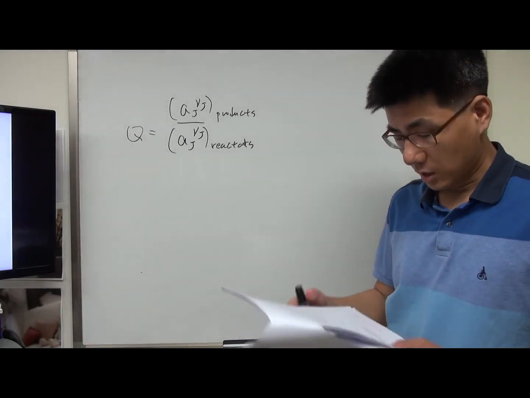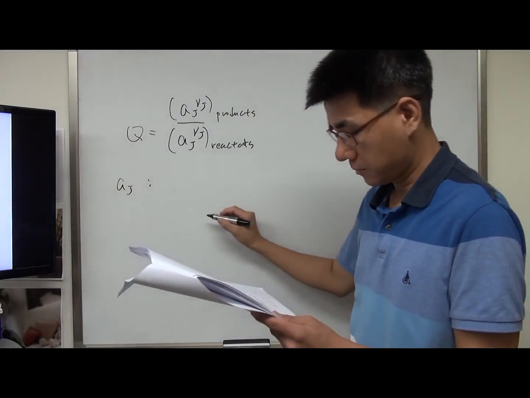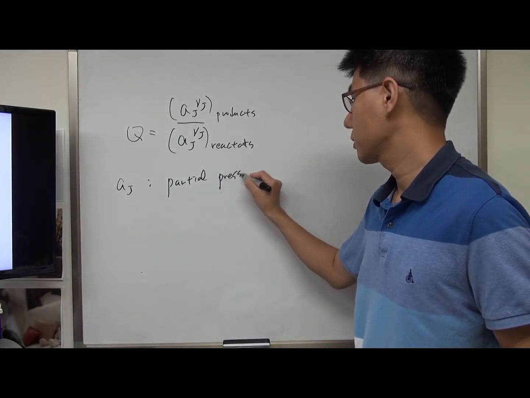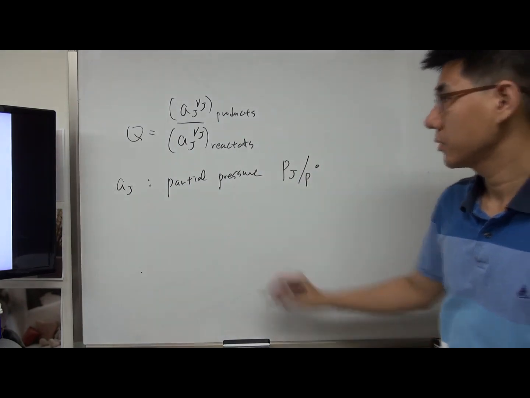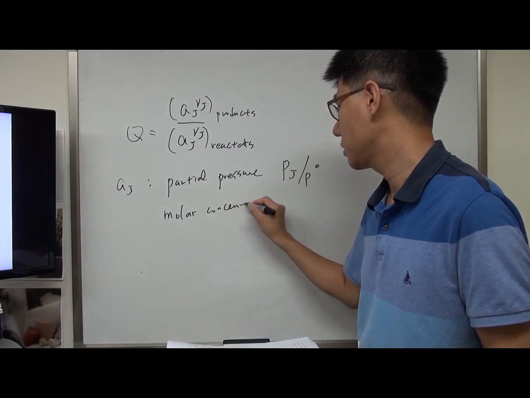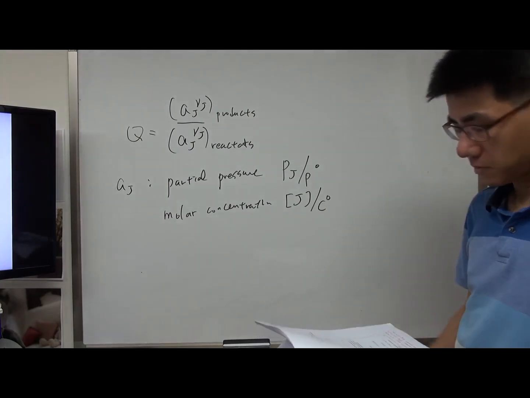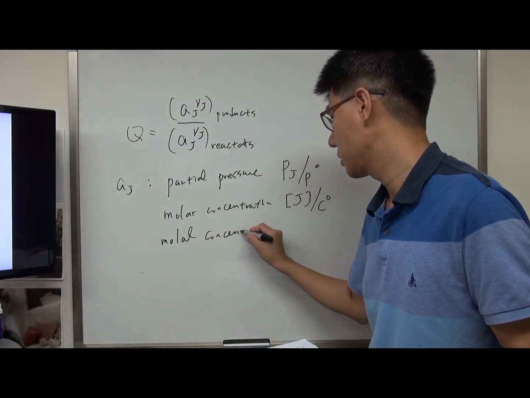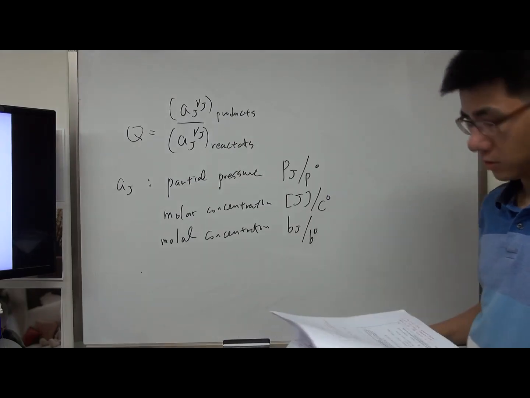And as I mentioned, this activity a_j can be represented as partial pressure if it is a gas, such as p_j over p naught, or a molar concentration, for example, concentration over standard concentration, or molality, b_j over b naught.